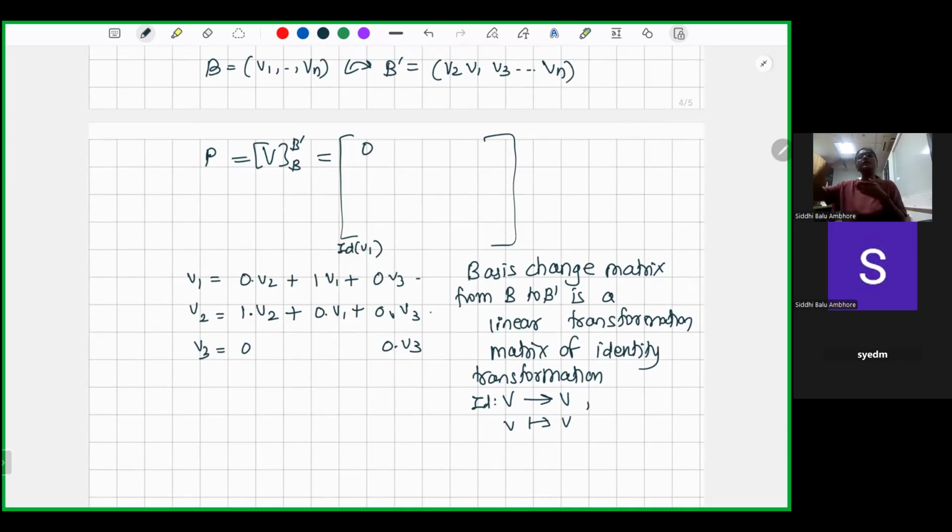We are going from B to B dash. Identity on V1 is just V1, but it is expressed in this ordered basis, where my basis is V2, V1, V3, and so on. Note that there are commas in between; this is a set.